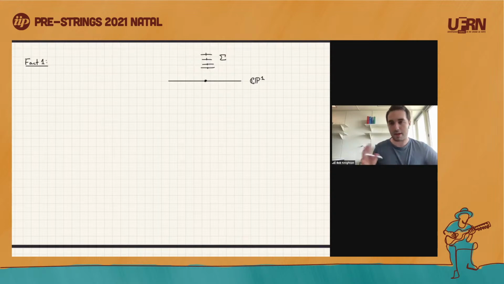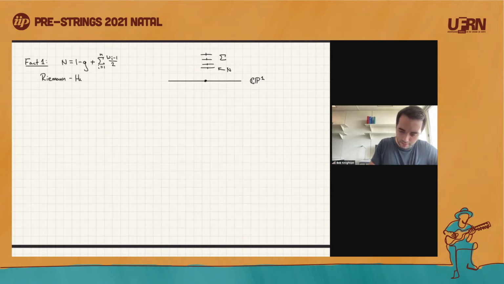And that number, if you count with multiplicity, is going to be constant everywhere, and it's n. And the fact is that n is given by 1 minus the genus, plus some corrections given by the critical points. And this is on the problem sheet. This is the Riemann-Hurwitz formula.